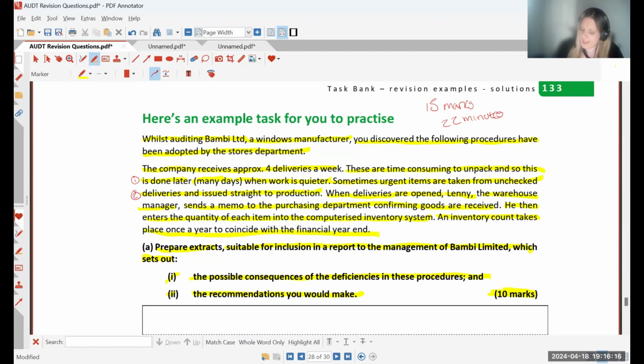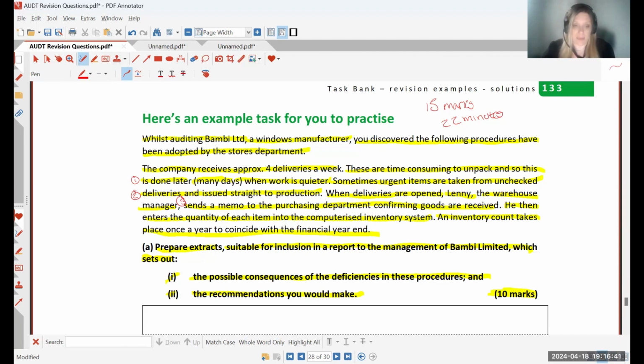Well, deliveries are opened and Lenny sends a memo to the purchasing department and then enters the quantity of each item into the computer system. Well, no checks are actually being done from the goods received note to the actual purchase order. So I would say here is number 3 for sure.